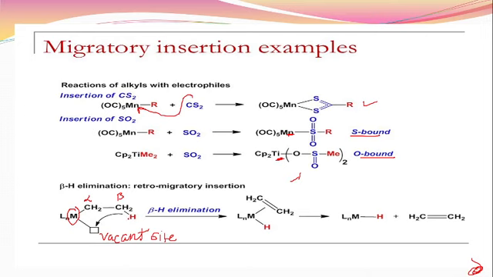By breaking this bond, this hydrogen forms a bond with the metal. At the same time, this metal forms a pi bond to the alkene, and there is a formation of a structure like this. And then further, by breaking this bond, we get LnMH, that is the metal hydride compound, and the alkene compound.